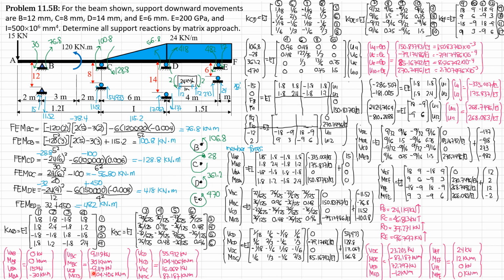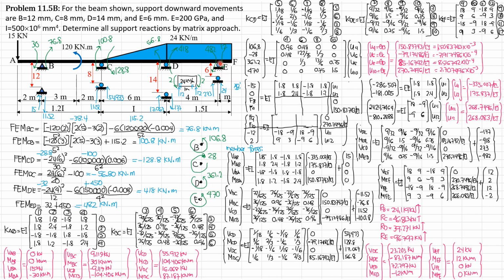CB is negative 9.119, CD 55.92, adding, so you'll get 46.813 positive, so it is also upward. RD is shear DC plus shear DE. Shear DC is 16.068 plus shear DE 23.203, adding 39.271 kilonewtons upward.